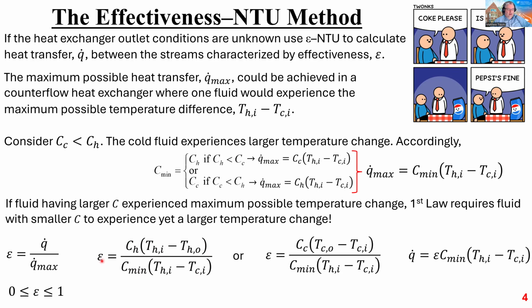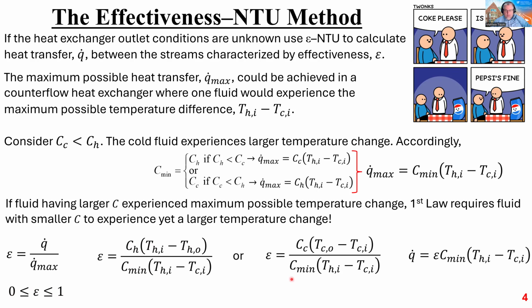And you end up with an effectiveness that basically is bounded between 0 and 1, right? 0 if you have no heat transfer at all, which would be a really, really bad heat exchanger, but still possible. And then 1 if your heat exchanger is operating at its maximum possible heat transfer rate, which, of course, doesn't actually happen in the real world. You can't really have an effectiveness of 1, but it's a theoretical bound. So this effectiveness is bounded between 0 and 1.